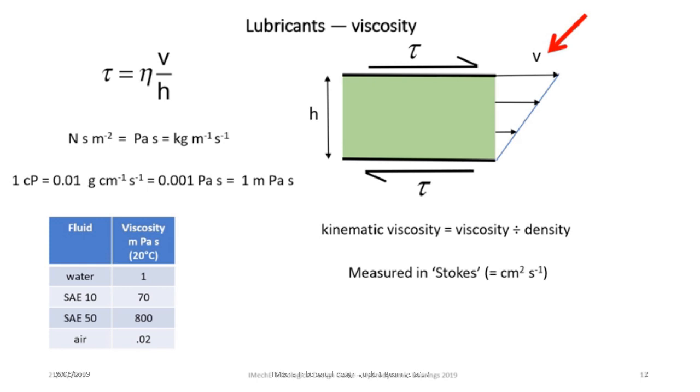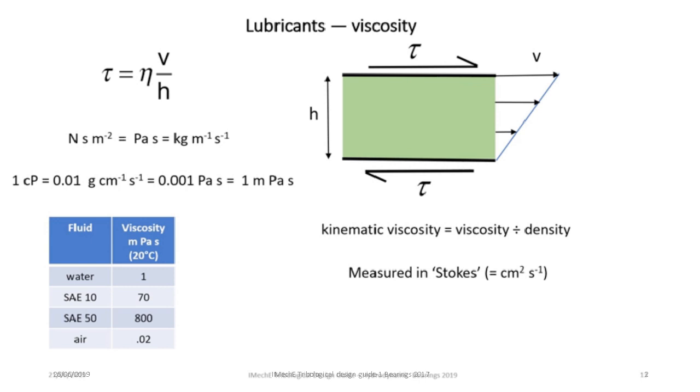The shear stress needed to maintain this motion is tau. This stress is related to the velocity gradient, that is, the quantity v upon h, and is given by the formula shown, where eta is the viscosity. It will have units Newton-second per square metre, or Pascal seconds, or if you prefer, kilograms per metre per second.